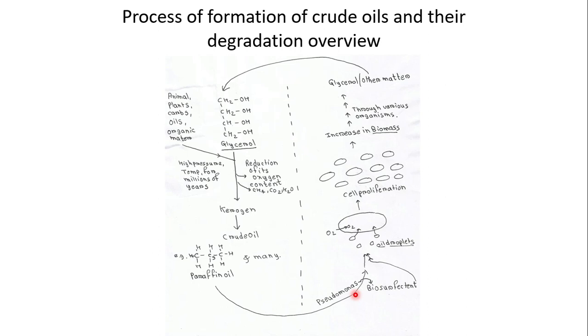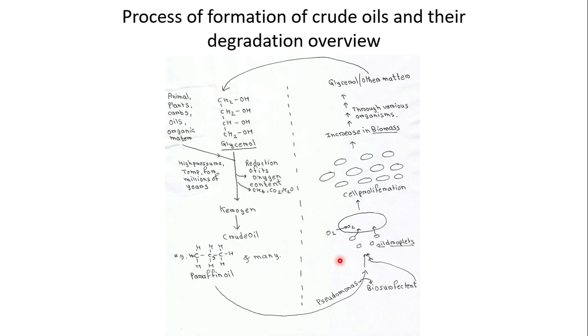These biosurfactant molecules will be secreted by the pseudomonas, and they will bind to the oil and form small droplets of oil, so that the bacteria can take up those small droplets and use them as a source of energy, and it can proliferate to increase its biomass.